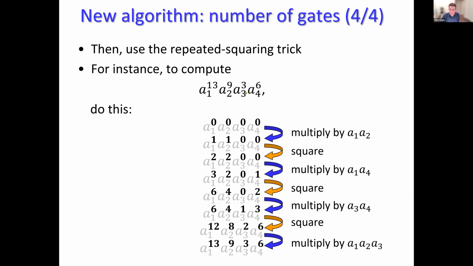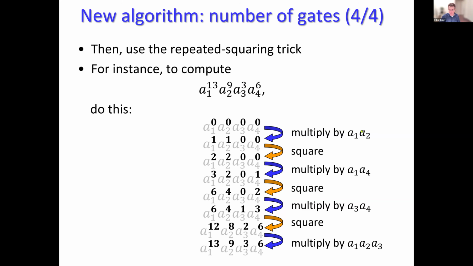Say I want to compute a1 to the 13, a2 to the 9, a3 cubed, a4 to the 6. I start with basically 1. All the exponents are just 0. And each time I inject the next sequence of bits, based on the most significant bits of what I am trying to achieve.